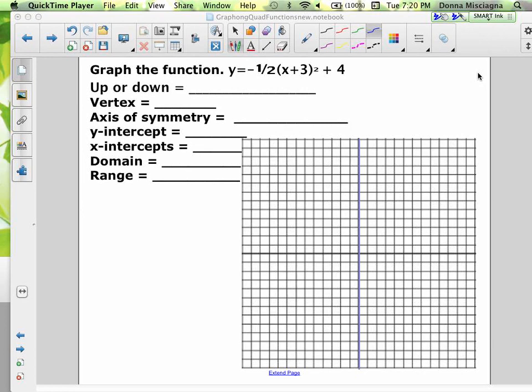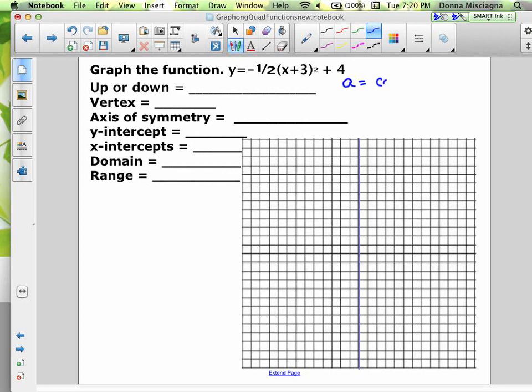So let's identify first our direction, up or down. Again, all you have to do is look at A. A is that coefficient in front, not in front of an x squared this time, but in front of the something squared. All right, so here A is equal to -1/2.